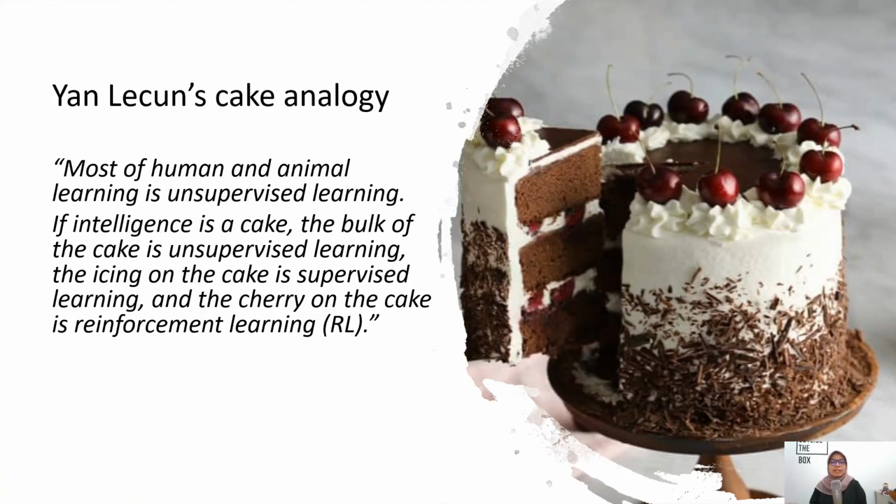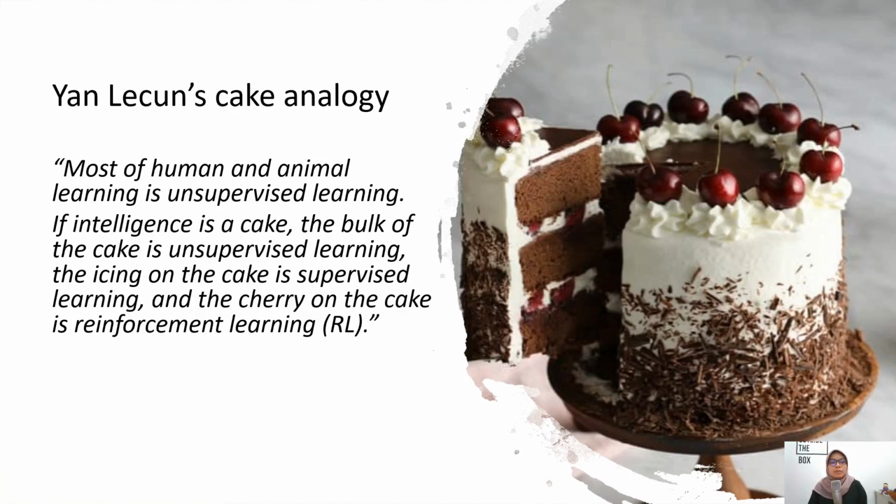All right, and then to close this tutorial, I would bring the picture of this cake, mentioning Yann LeCun's cake analogy. I'm sorry for the wrong pronunciation. So Yann LeCun is one of the deep learning pioneers.